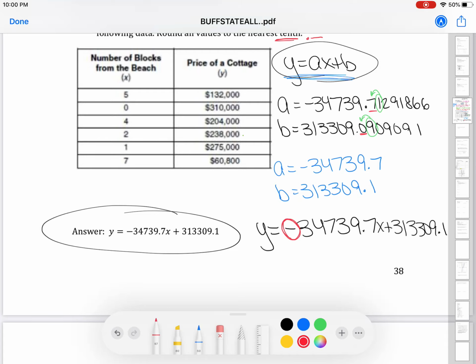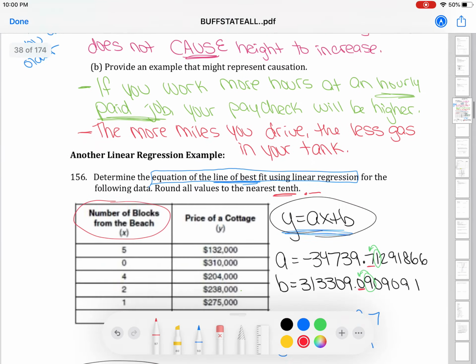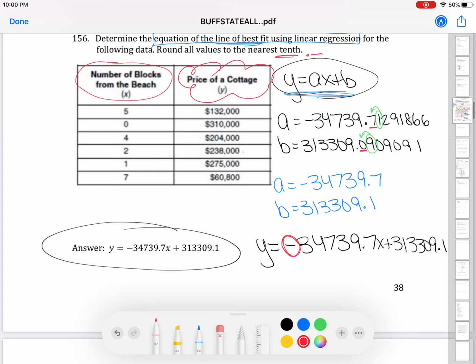Okay, so something we didn't see in the last one was a negative slope. If you think about the situation, which we didn't even talk about, the X value is number of blocks from the beach, and the Y value is the price of a cottage. As the number of blocks from the beach increases, you're getting further and further from the beach.